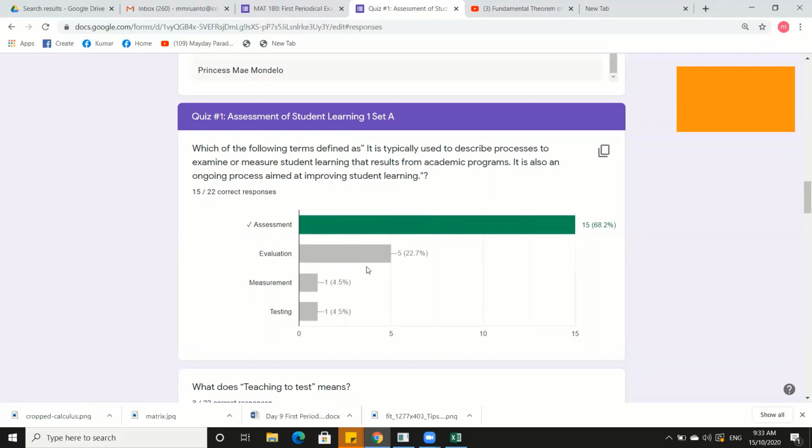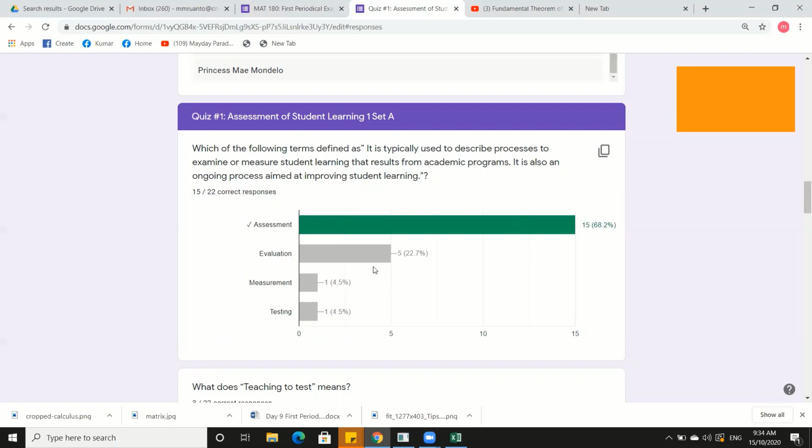So when we say evaluation, there is judgment there, no? So where can we relate evaluation? Let us say grading. When you grade, there is already judgment, or when you are going to decide a winner in a contest, there's a judgment, no? In that case, that is evaluation. So don't be confused between assessment and evaluation.